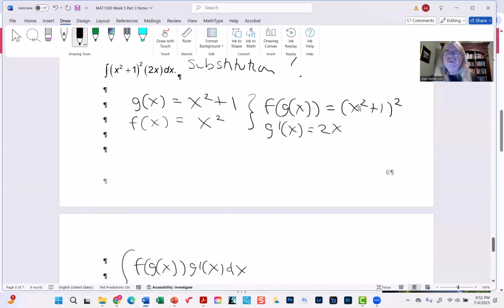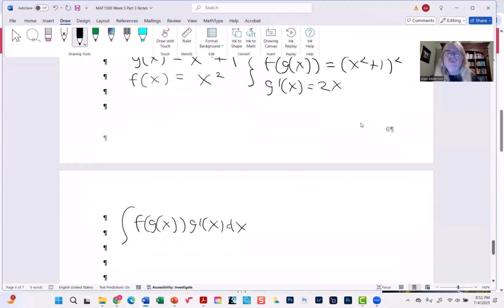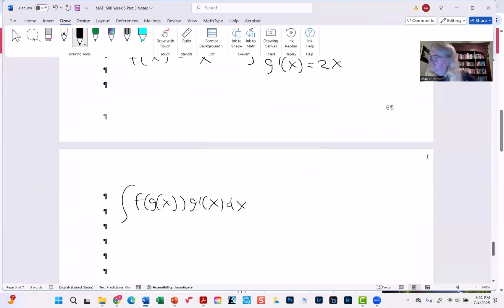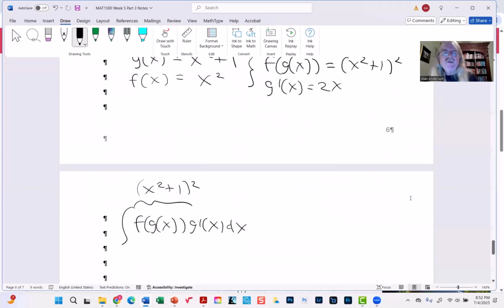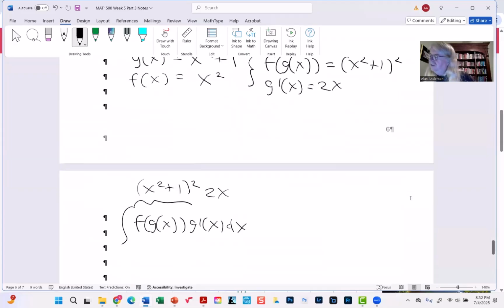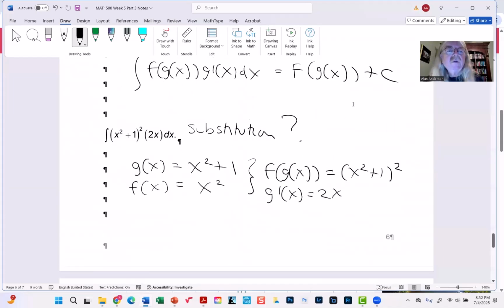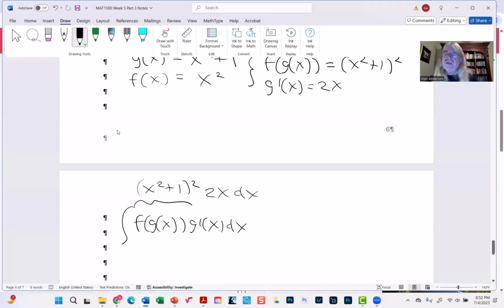Well, we just showed that f of g of x is x squared plus 1 squared. We saw that g prime of x is 2x, and dx is just dx. So what do we have? x squared plus 1 squared 2x dx. Okay, so that means we can use this method.